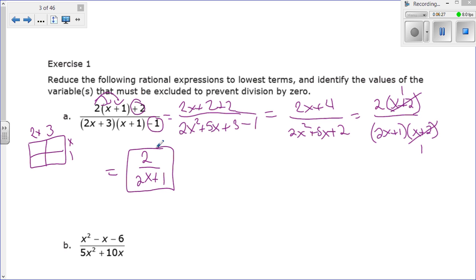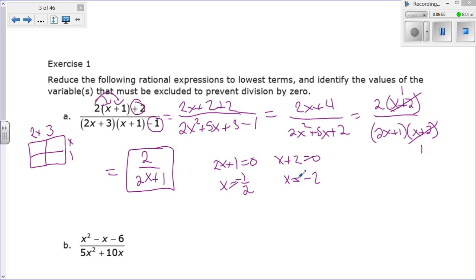Now it said what values would give us a 0. So I need to take my denominator, 2x plus 1, set it equal to 0, and I'd get x equals negative 1/2. And then I have to go back to that x plus 2 and set that equal to 0 as well. So x equals negative 2.